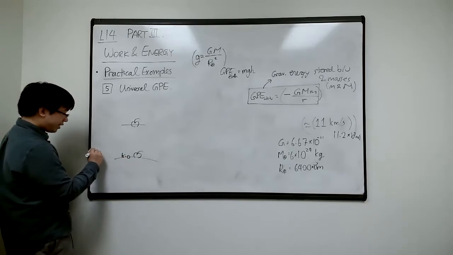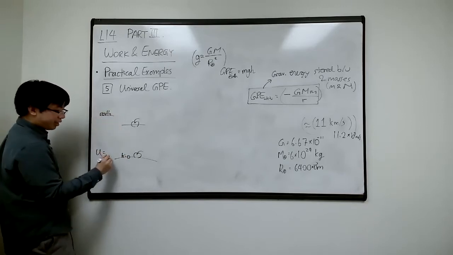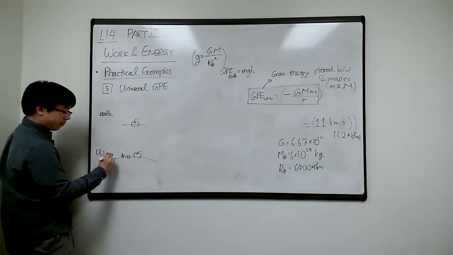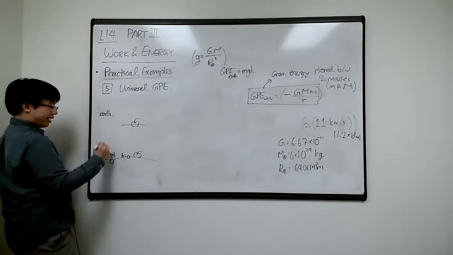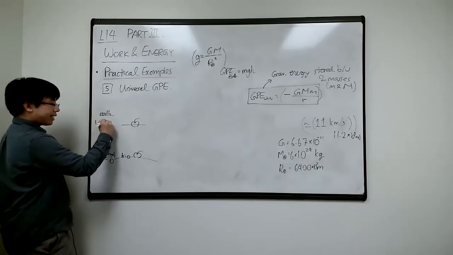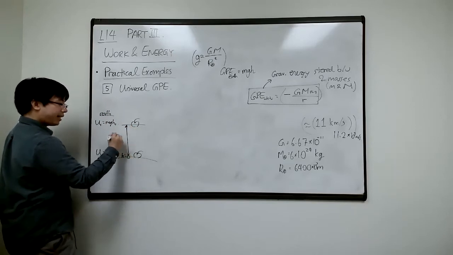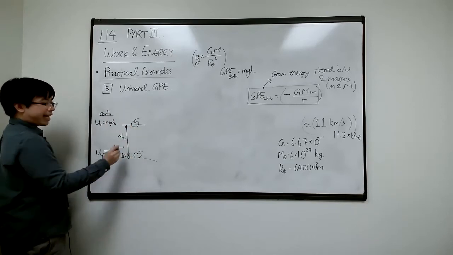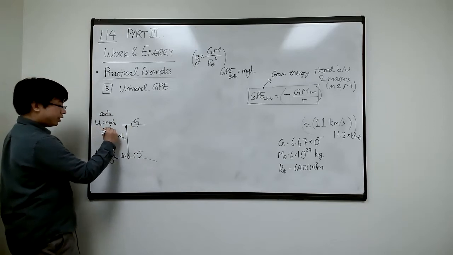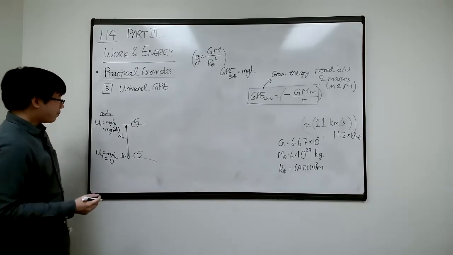So this is the Earth formula. I'm going to use mgh. So h is 0, and this is 0. And so this is U2. U1 is mgh1. And I'll call that delta h, it's a change in height over here.